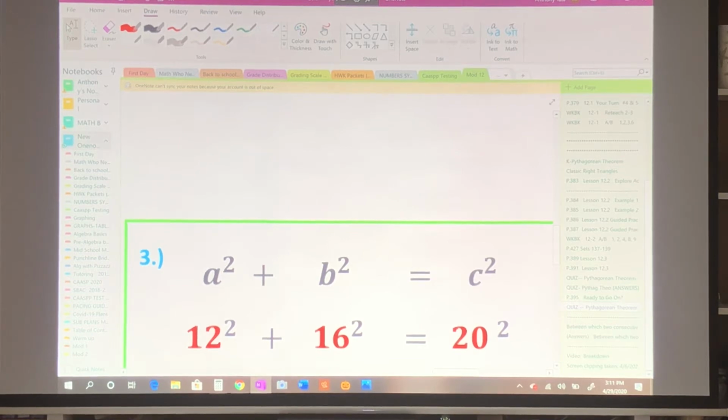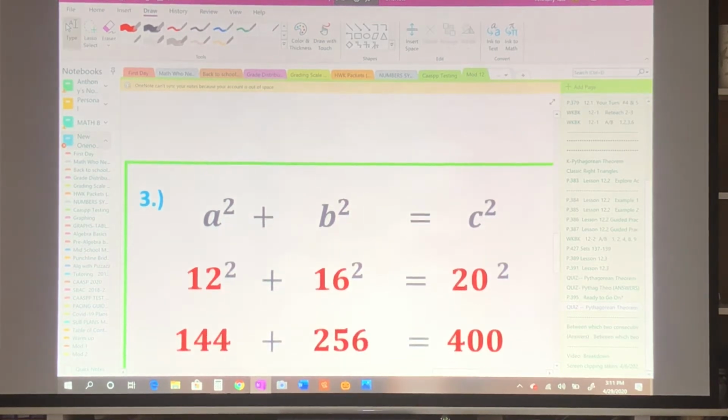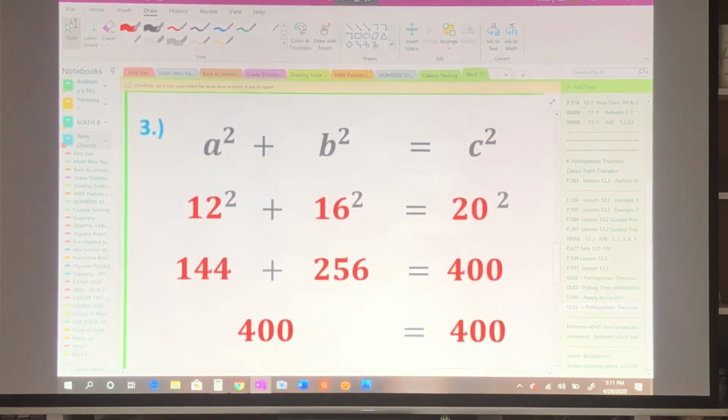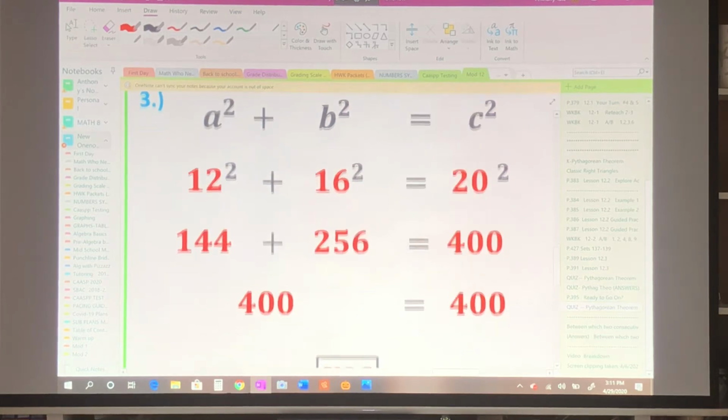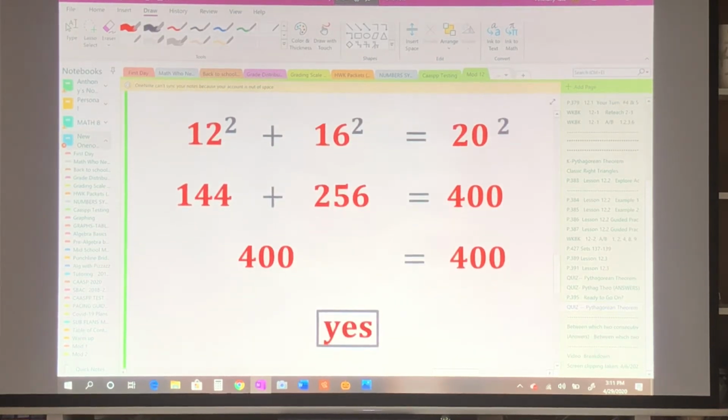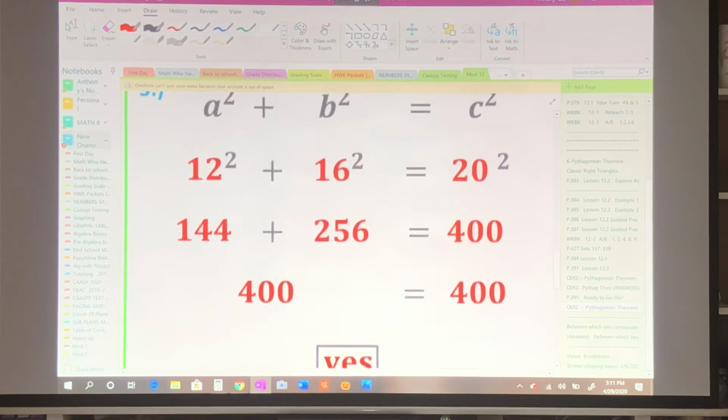Let's find out if that's a true statement. 144, 16 squared is 256, 20 squared is 400. Okay, and then we add them up. 144 plus 256. Ooh, left side equals the right side. That is a right triangle, yes. You can write yes or right triangle, doesn't matter.